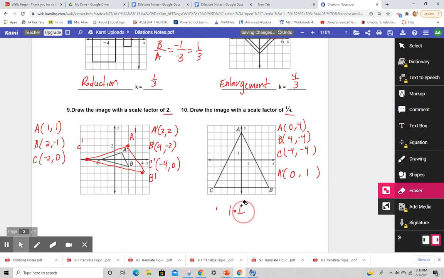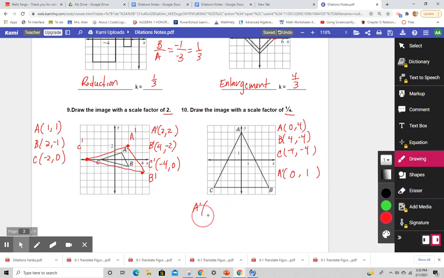Let me show all of my notes for A prime. So we did 0 times 1/4 and 4 times 1/4. So we end up with A prime is 0, 1.